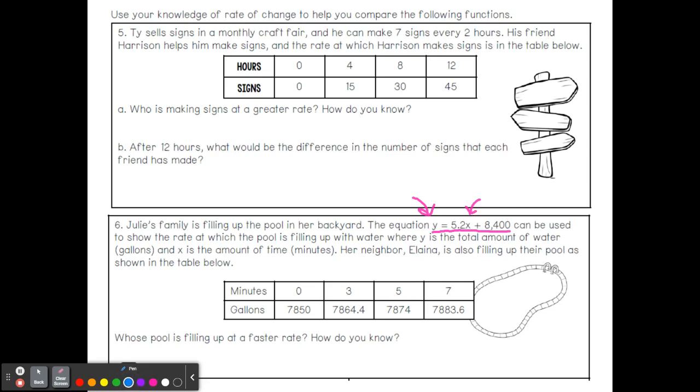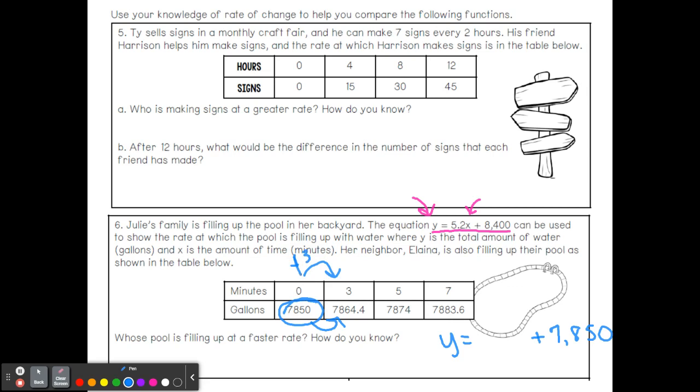So the thing to do would be to go ahead and create an equation for Elena's rate. Okay, so after 0 amount of time, her pool already has 7,850 gallons in it.